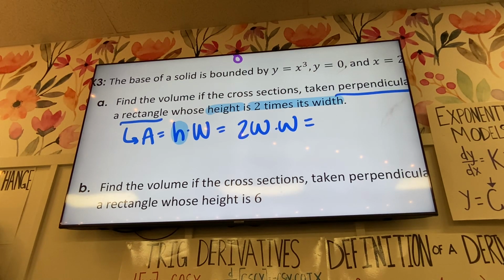And what is 2w times w? 2W squared. And now I have my area equation. It is in terms of one variable, which is w, which is fine. We don't really care what the variable is as long as it's one variable.